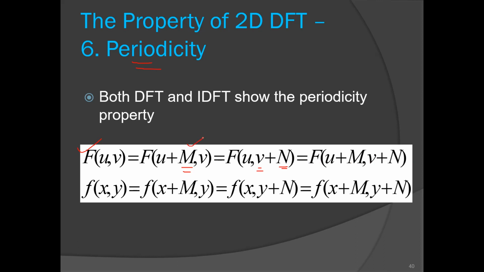So its period is M and N. Similarly, for the original image the period is also M. This is the periodicity property, and they both follow it.